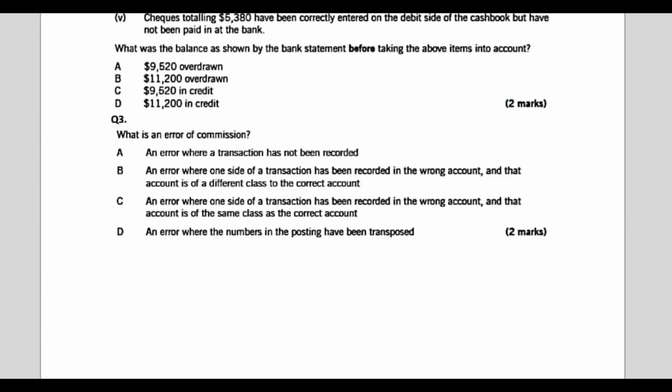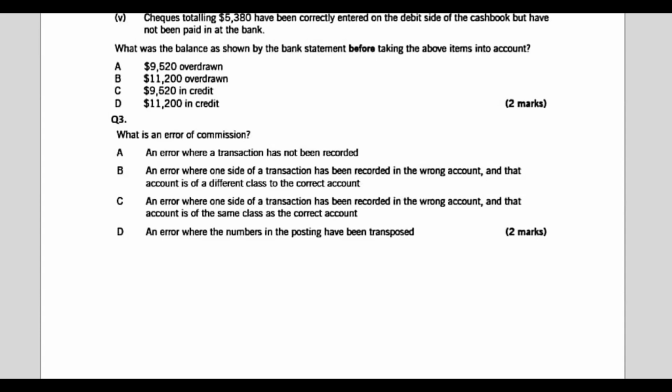Okay. In the other account, same class or different class, because that's the keyword we are looking for. Same class of the accounts or different class of the accounts, because accounts are classified, just as I said last time. It has to be in the same class.